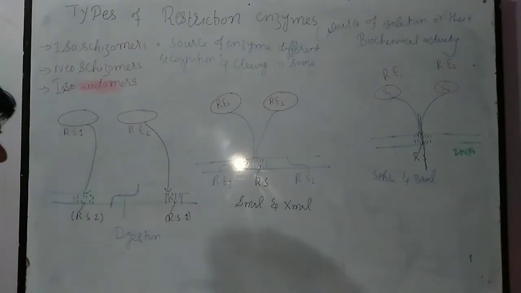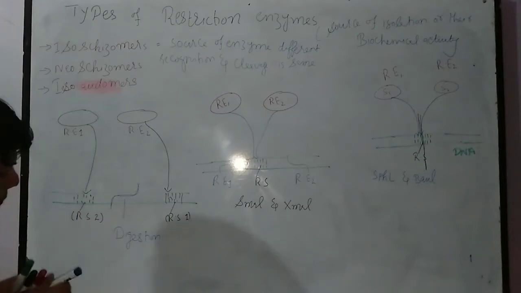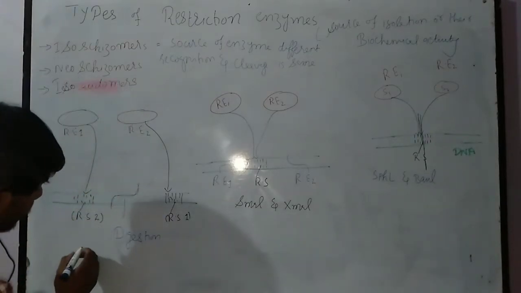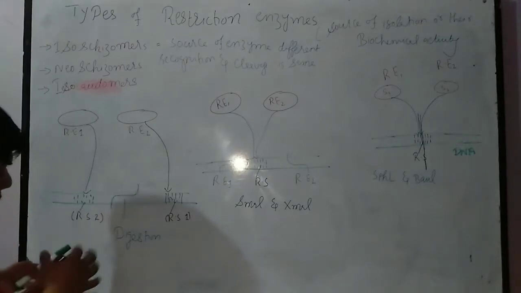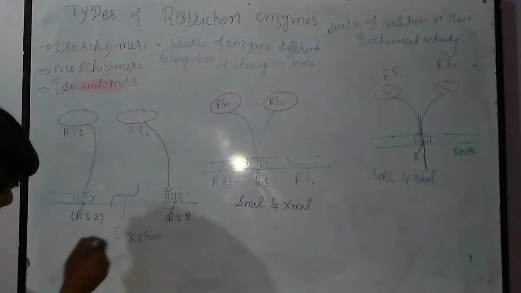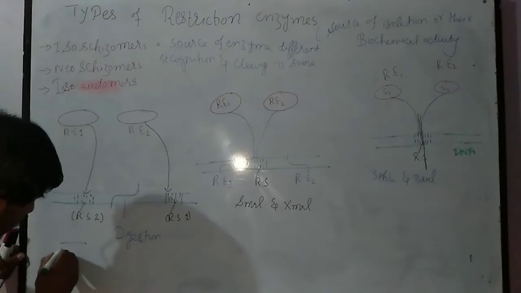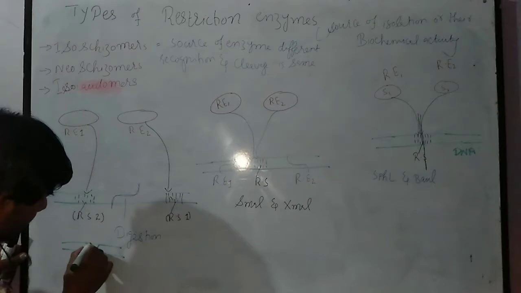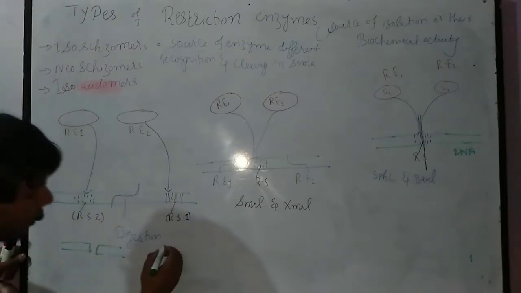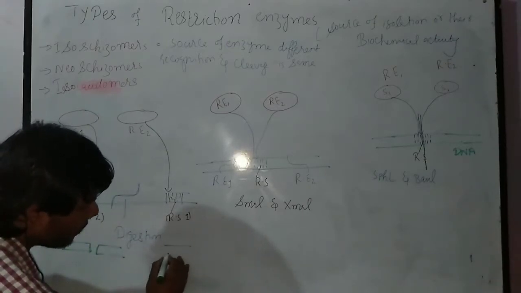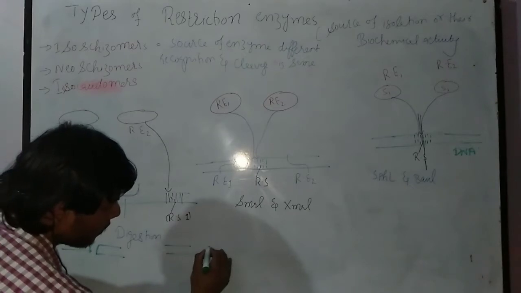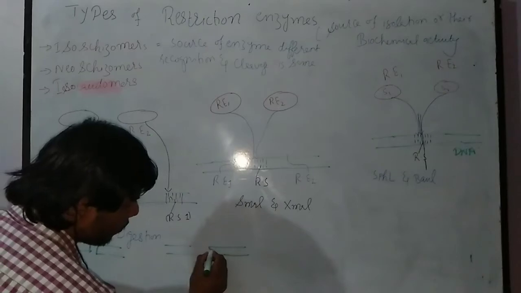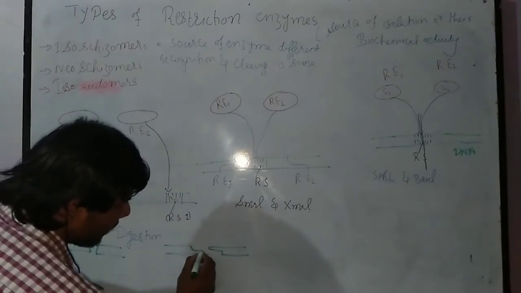Okay, now in this case we usually get the blunt end as well as the sticky end. So in this case the DNA will be produced in this form. Let me write. So this will be the blunt end, as you can see, and the DNA is also produced in this form. So this is the sticky end, as you can see.